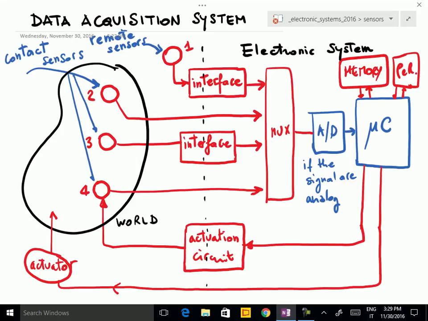Again, this actuation circuit has to transform the signal coming from the microcontroller into some energy to activate the sensor, or if this input signal from the microcontroller goes to an actuator, of course internally the actuator will have the electronic circuits required to transform the signal into the proper form of energy to execute the actuation.